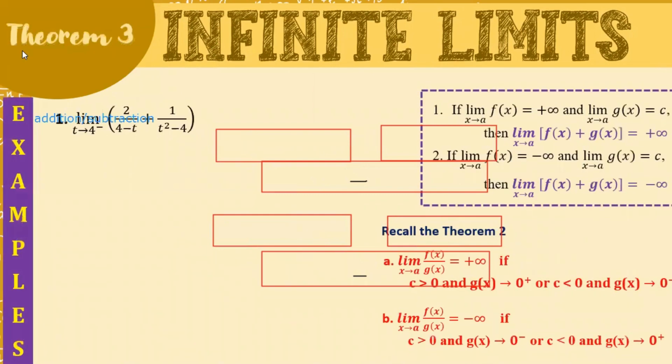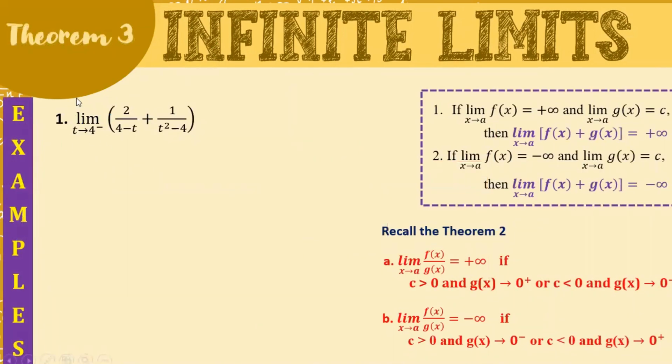So, clear lang natin lahat. We have here a limit of the quantity 2 over 4 minus t plus 1 over t squared minus 4 as t approaches 4 minus.